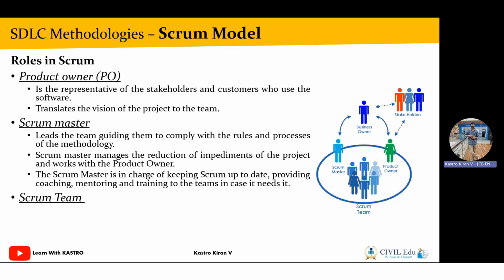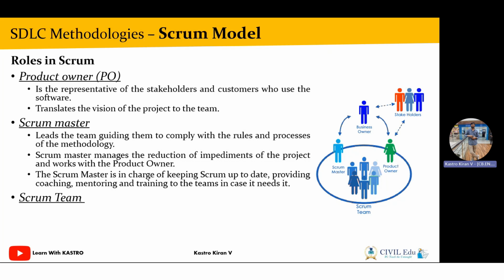And the Scrum Master is somebody who will be in charge of providing any additional resources that are required in order to develop the project. Now, suppose let's say in order to develop a particular project, they need one important advanced tool. Now, the Scrum Master is somebody who will help the team members by providing the resources, whatever is required in order to develop any software project.